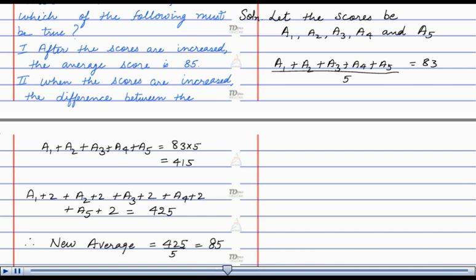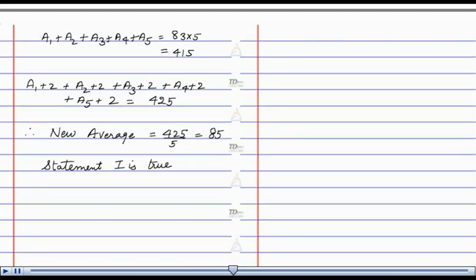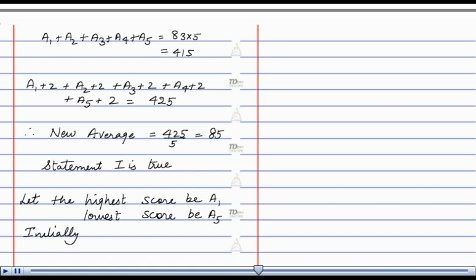If we look at the second statement, let us assume the highest score be A1 and the lowest score be A5. Then initially the difference between them is A1 minus A5.